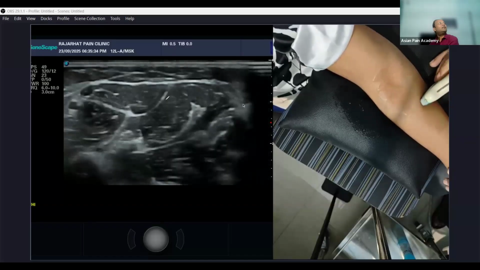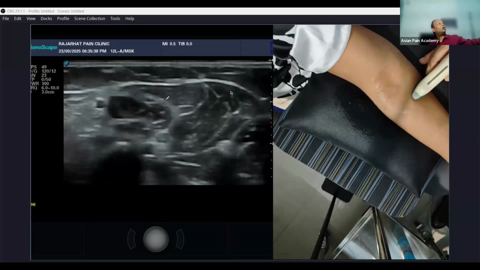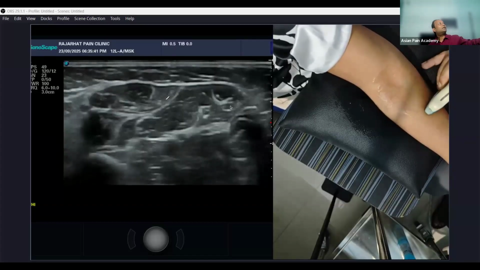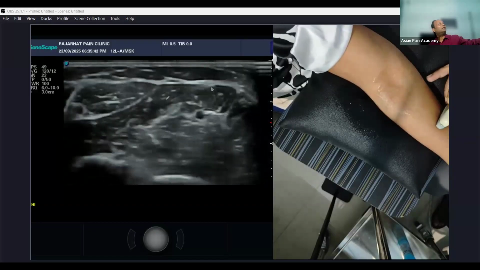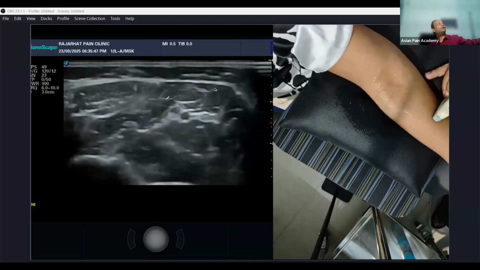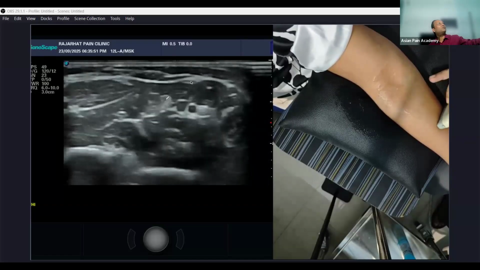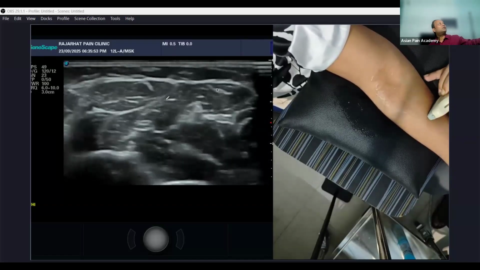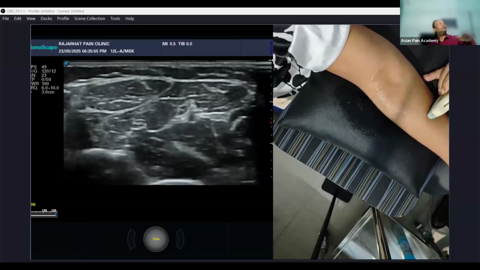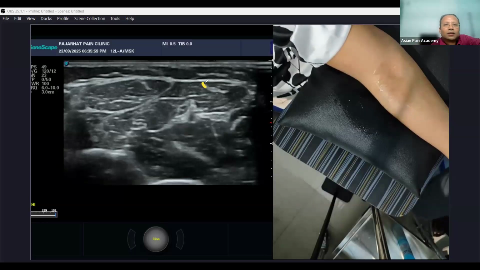While coming distally, always try to locate this part. That one muscle looks like it is just becoming a tendon. Palmaris longus becomes a very small tendon. So as soon as you locate the palmaris longus, this part is nothing but the palmaris longus.